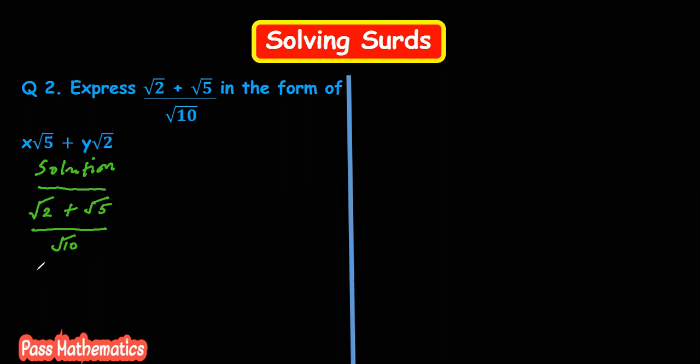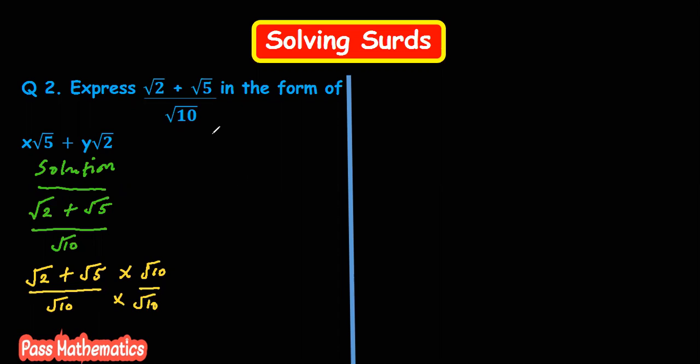That is, we are going to have root 2 plus root 5 times root 10 over root 10 times root 10.